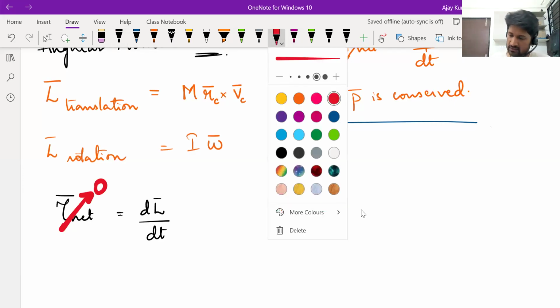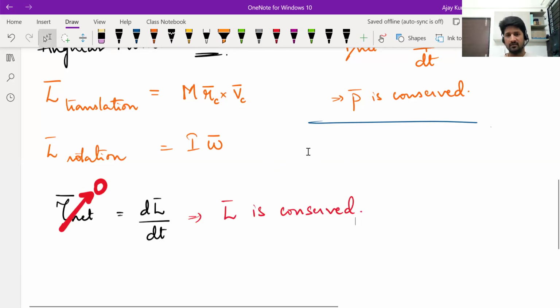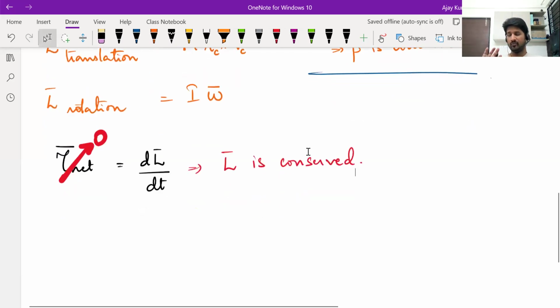And what does that mean? Rate of change of anything is 0 means that quantity is conserved. So basically, if one object disturbs the rotational state of another object, you can try to apply this principle.